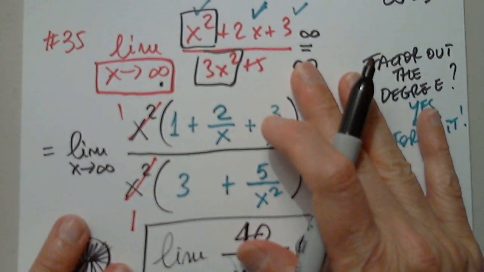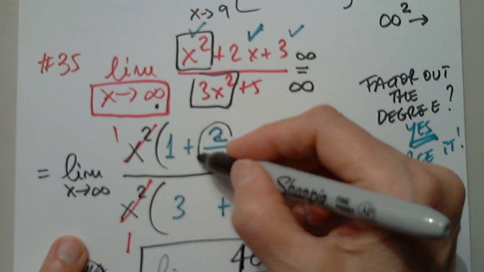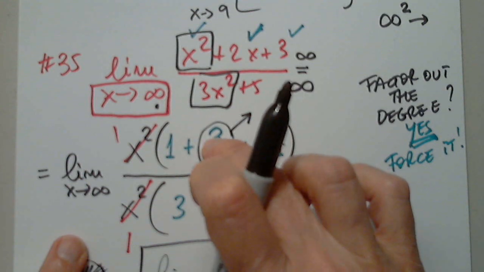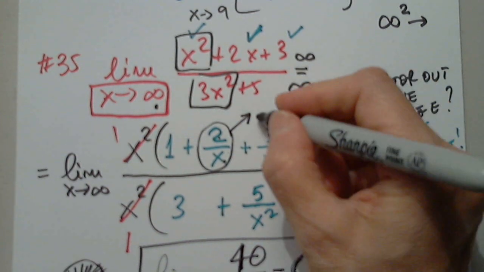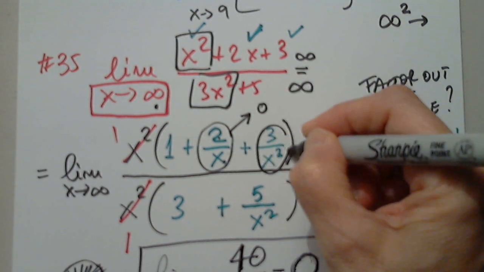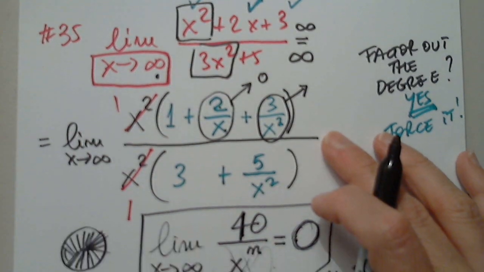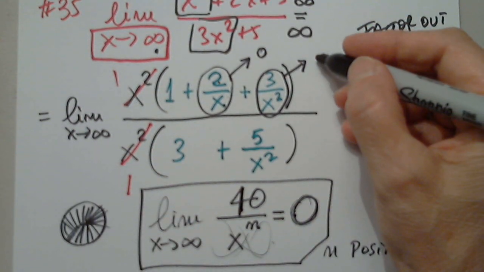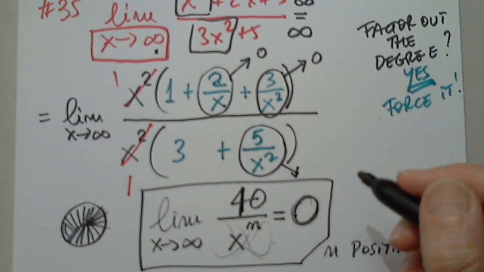So coming back now here, 2 divided by huge, where is this going? Just this piece. Yeah. Exactly. 3 divided by huge, where is this going? Yeah. 5 divided by huge, where is this going?